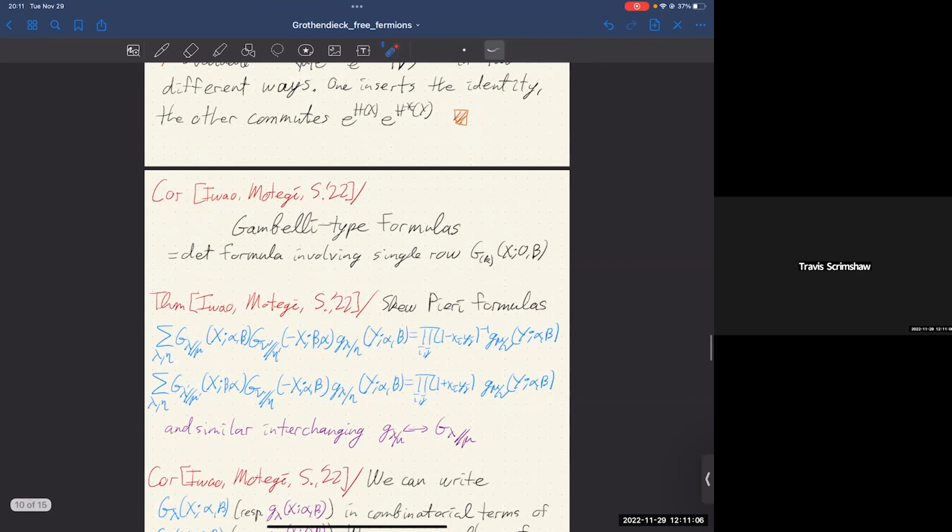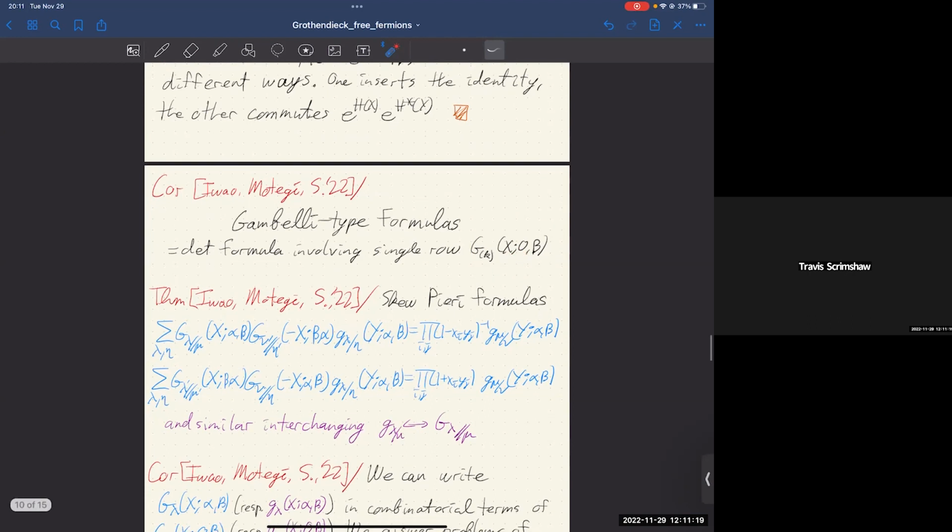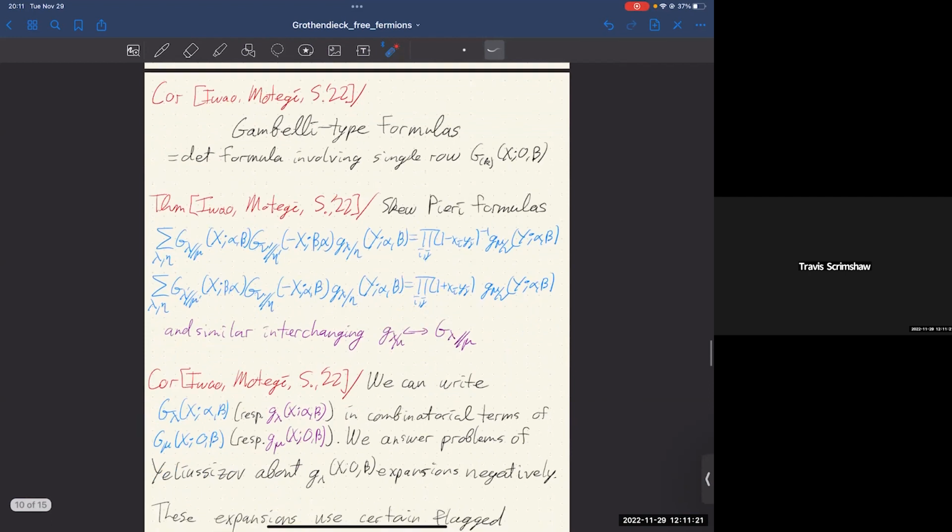We can also prove Gambelli type formulas or determinant formulas involving single rows of the Grothendiecks, but we actually use alphas 0. We get these skew Pieri formulas, which don't automatically look like actual Pieri formulas, but if you specialize variables appropriately, you can recover Pieri formulas from them.